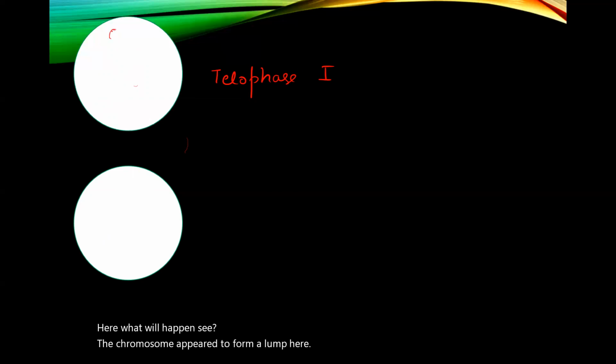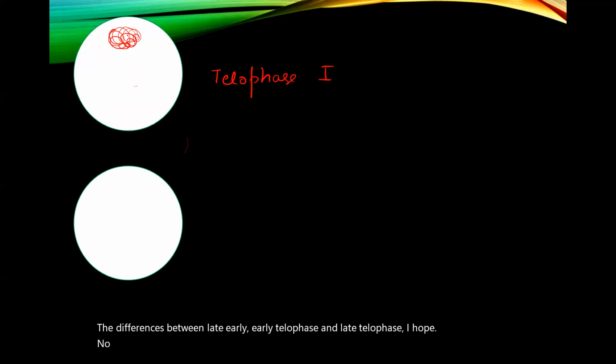Next, we are going to study telophase 1. Here, what will happen? See, the chromosomes appear to form a lump here. You know the differences between early telophase and late telophase? I hope you know. In early telophase, you will not see the development of nuclear membrane. It is big, a lump-like structure.